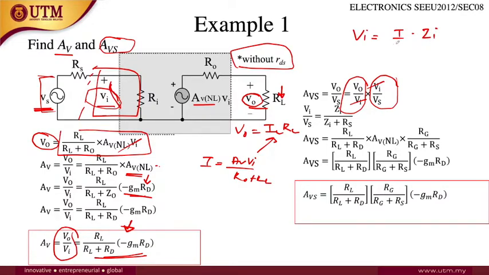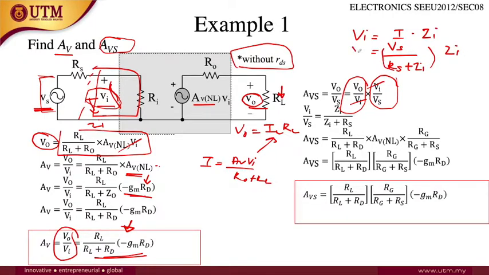So the value of I equals VS over RS plus ZI. Because the input impedance is here, it is no longer RI, but it's going to be ZI. Okay, RS plus ZI.